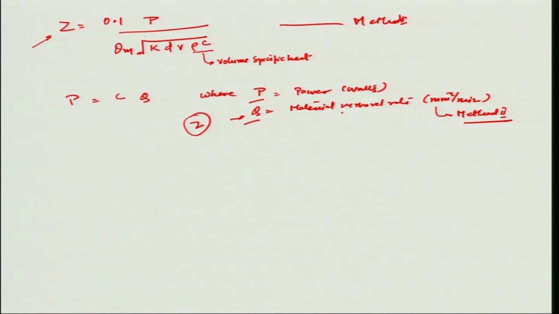Obviously the material removal rate is the width of the cut times the depth of the melting temperature, that is Wz, times the velocity. So if we wanted to estimate velocity through method 2, it is quite underestimating in nature.